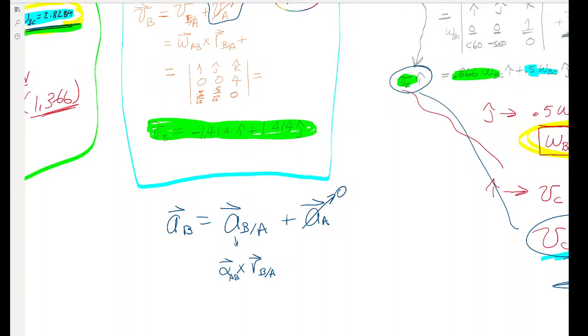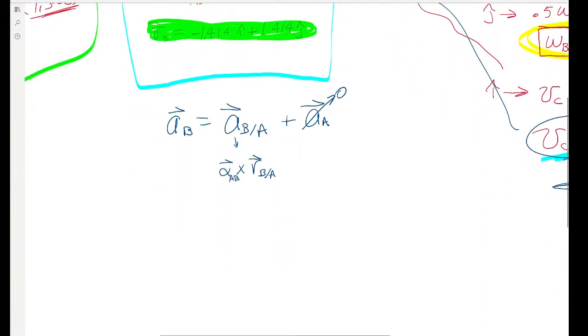But there's another term here. This term deals with the acceleration or the speeding up of the rotation. This term deals with the centrifugal component. And let me write this down and describe that for a second.